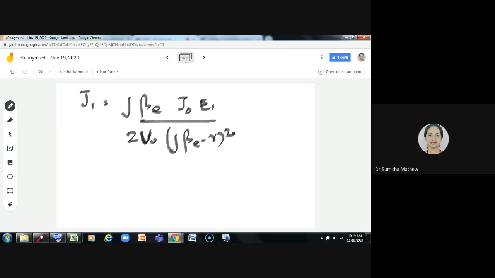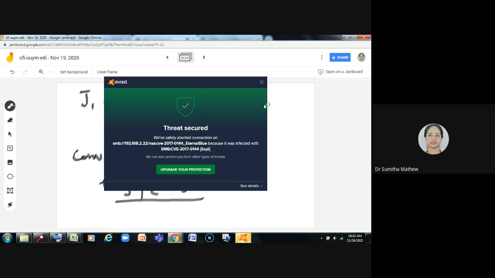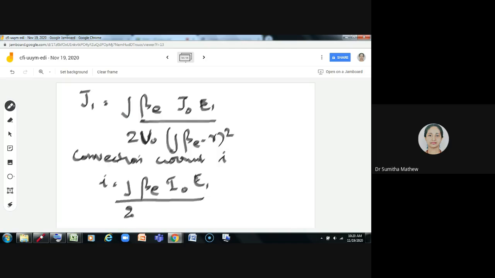This is the equation. So the convection current I is now given by I is equal to J beta E I naught E1 by 2 V naught into J beta E minus gamma whole square, writing I naught instead of J naught.